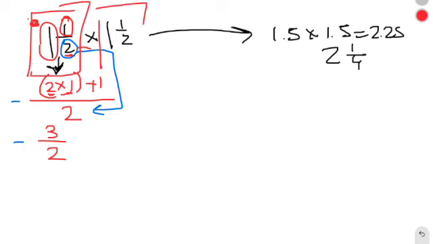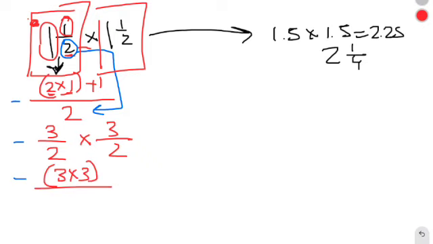And if we solve for this one, since it's the same thing, it's basically the same value. So now you see the answer is we're going to multiply all of the numerators together, 3 times 3, and then multiply all of the denominators together, and you find out that the answer is 9/4.